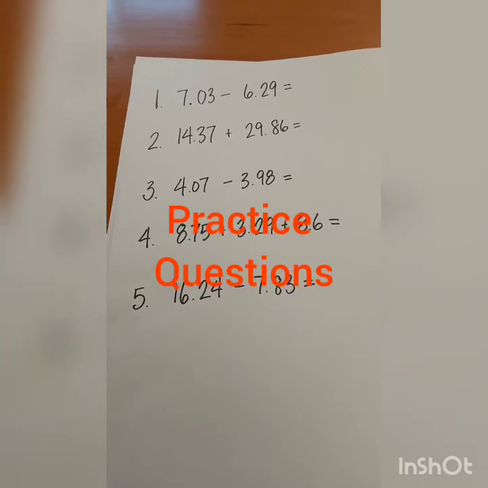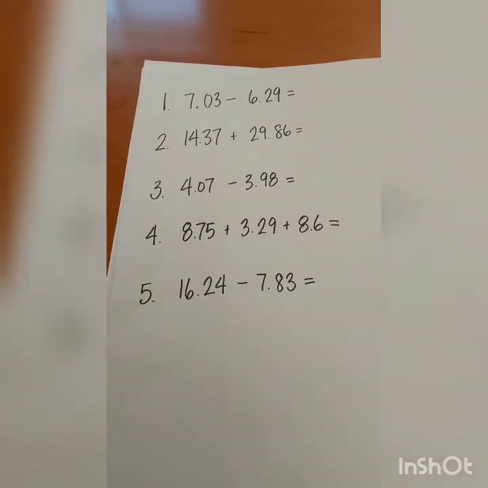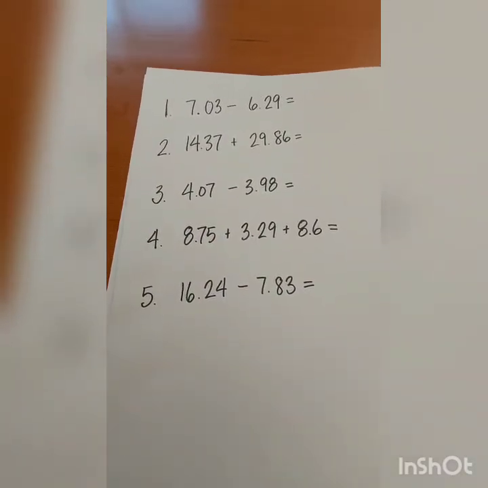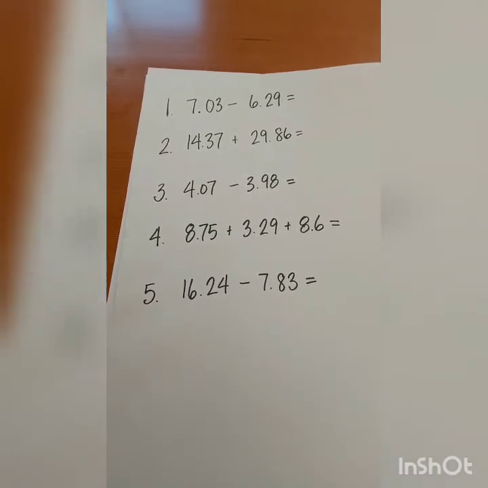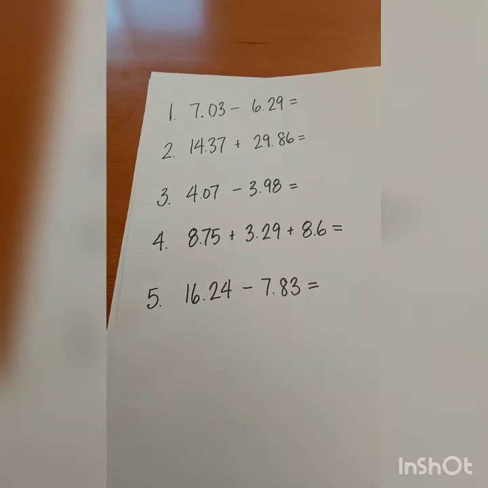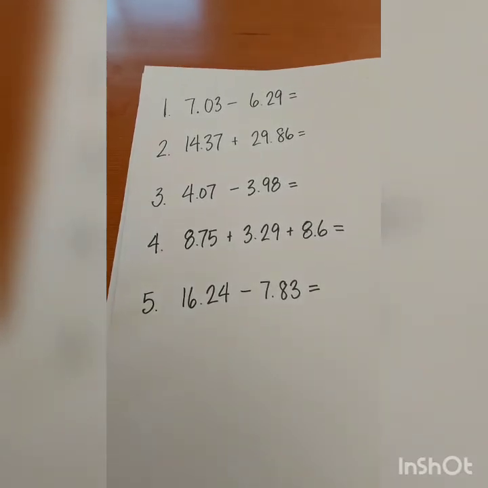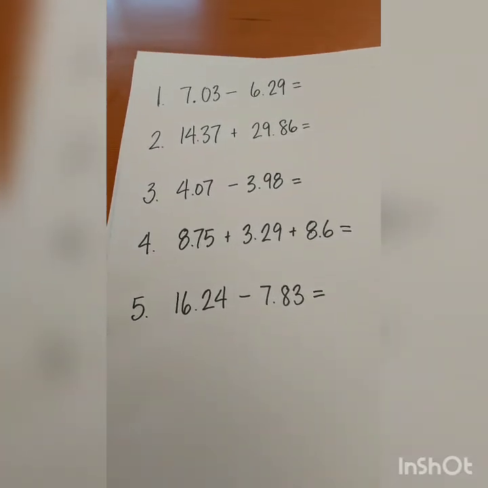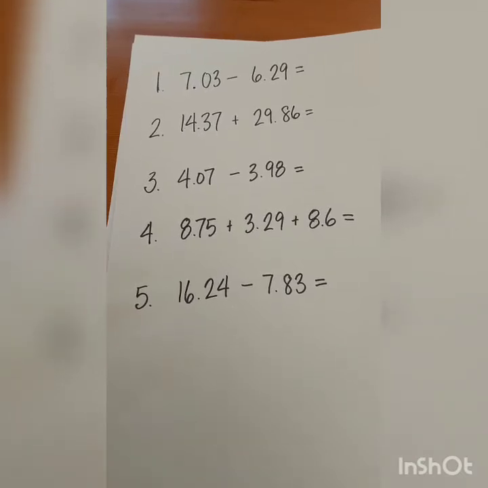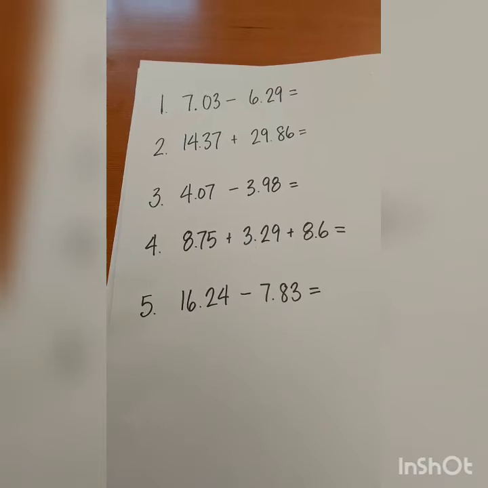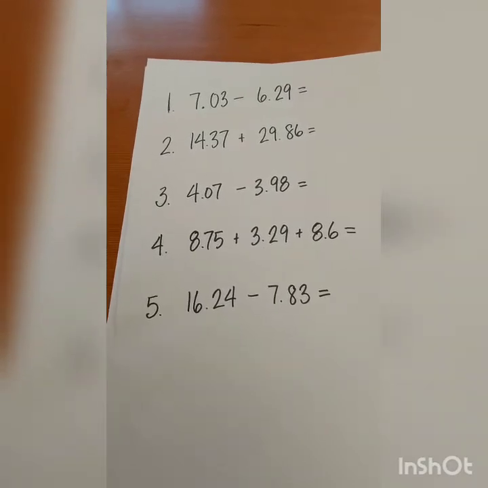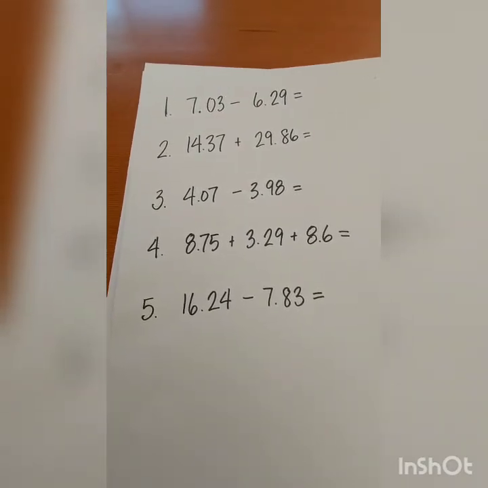Here I've made you some practice examples that you can try on your own. Number 1 reads 7.03 minus 6.29. Number 2 is an addition question, 14.37 plus 29.86. Question 3 is subtraction again, 4.07 minus 3.98.